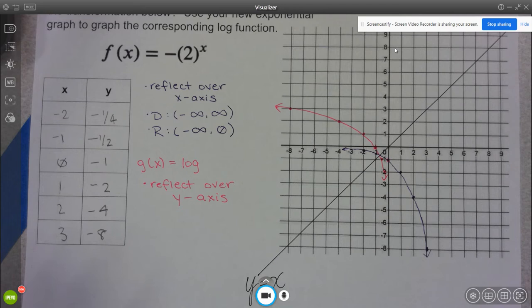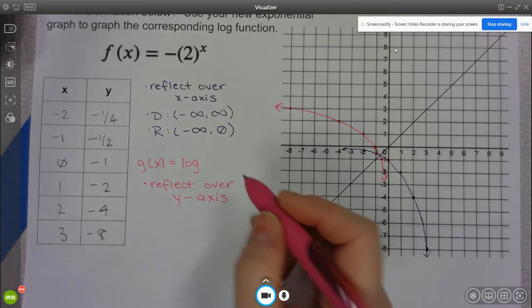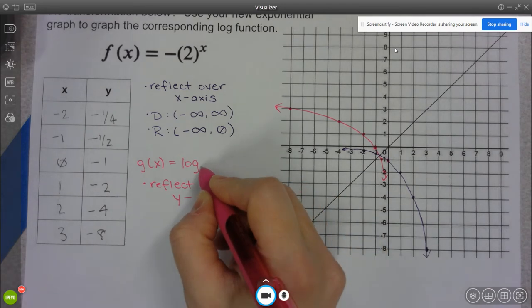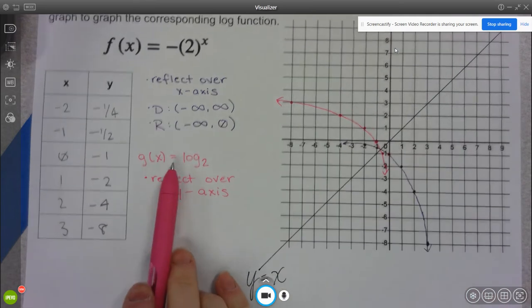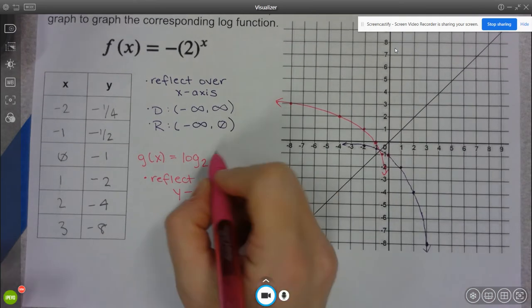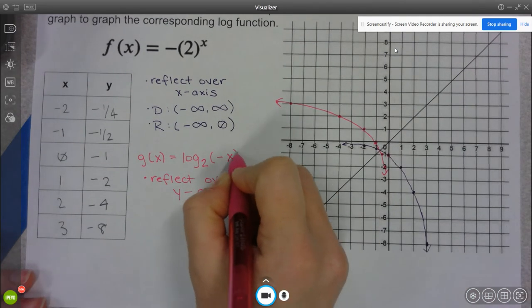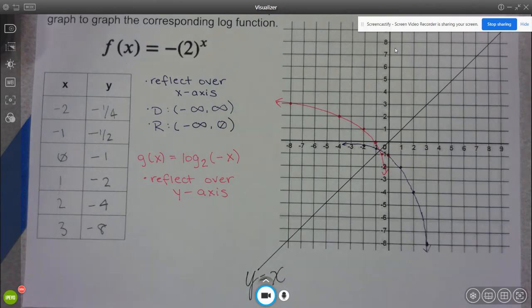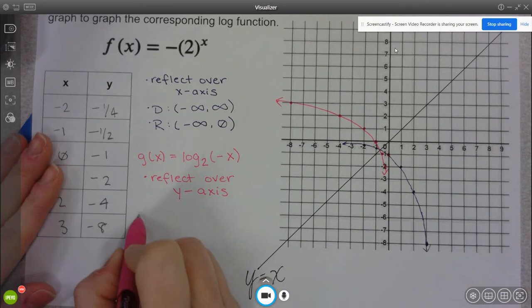However, instead of the negative being applied here, the negative is applied to our x value because I'm changing all of the x values before I get my output.